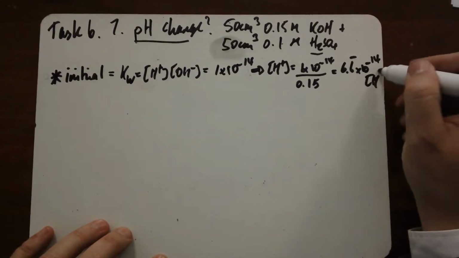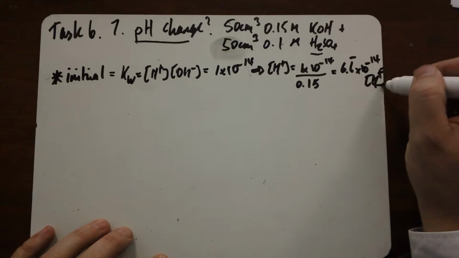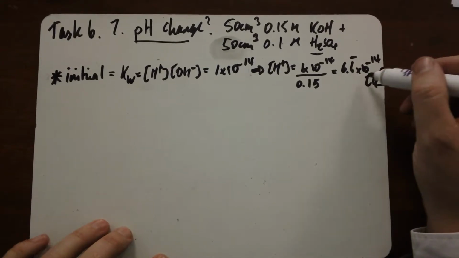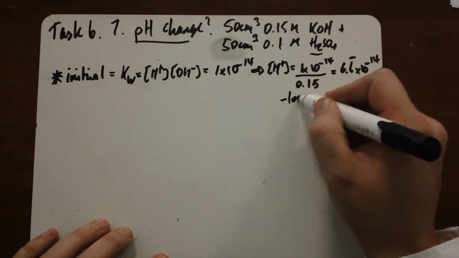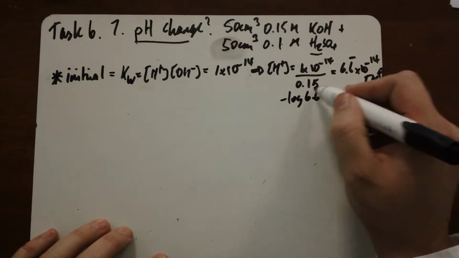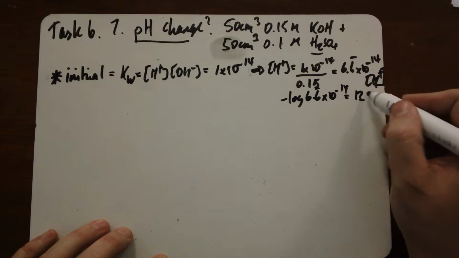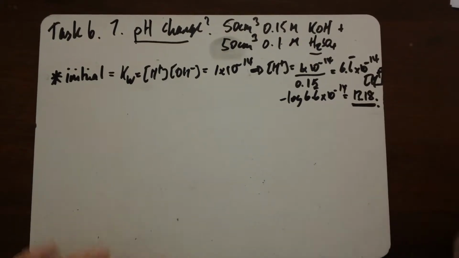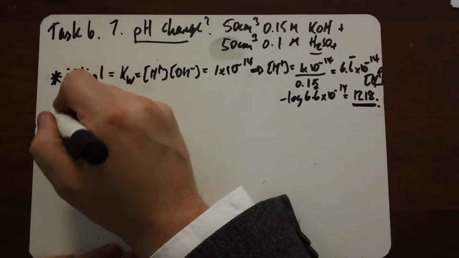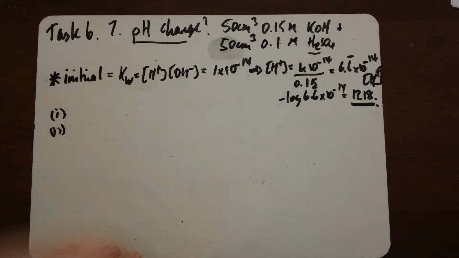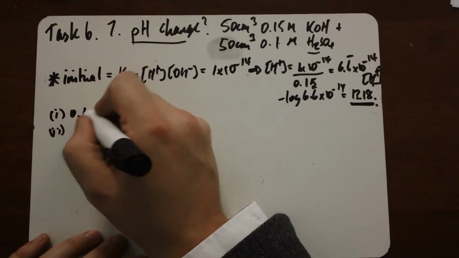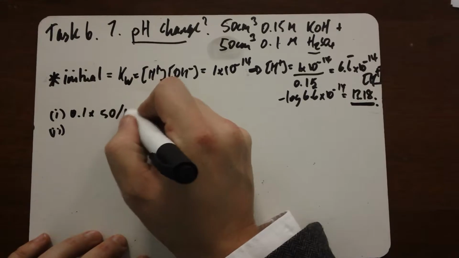So that's your H plus concentration. Now we plug it into our minus log, and we find out that the initial pH is 13.18. Next steps, exactly like you've been doing previously, calculate the H plus concentration using MV over 1000.